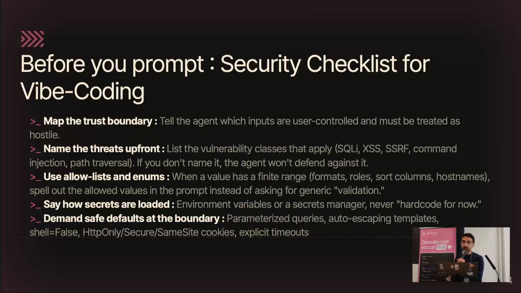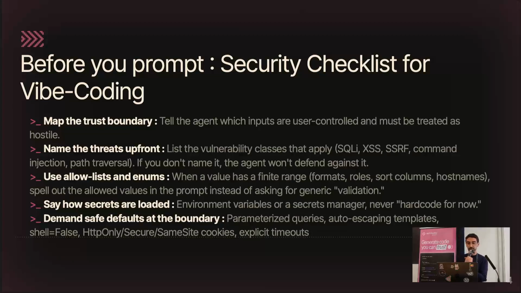Generally, before you prompt, this is your security checklist for vibe coding. You should map the trust boundaries, which means tell the agent which inputs are user-controlled and must be treated as hostile. Name the threats up front: list the vulnerability classes that apply to the challenge statement or the feature you want to implement.